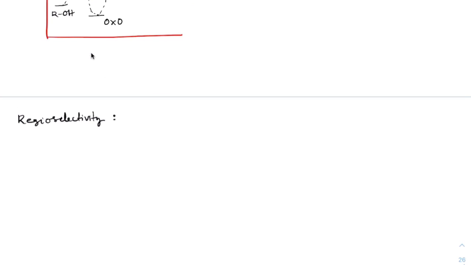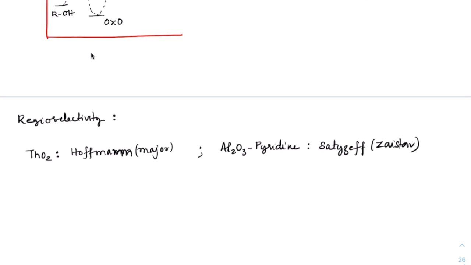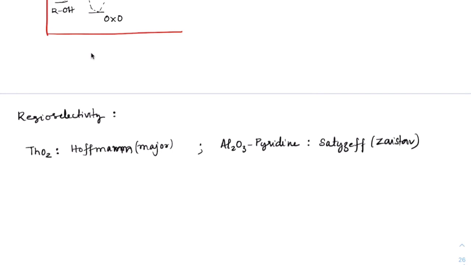Okay, students. So the first one, when it comes to thorium dioxide, ThO2, Hofmann is always major. Al2O3 and pyridine, we will always get Saytzeff, but one important thing is without rearrangement here.